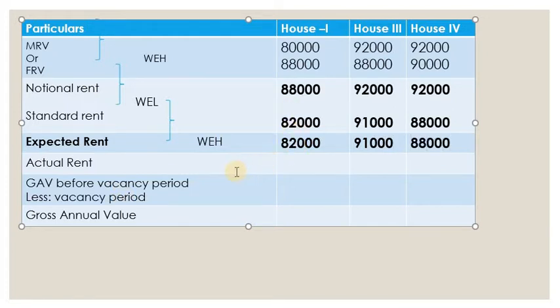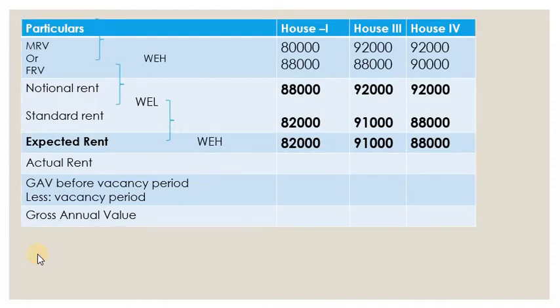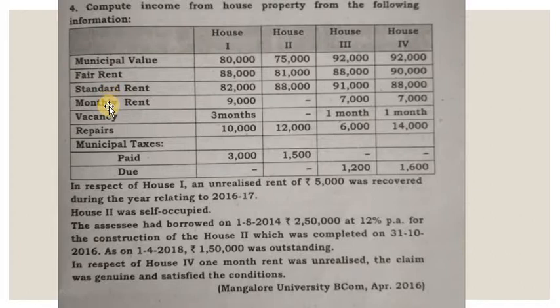Now we have to go to the actual rent. The actual rent is given in the problem. What is the meaning of actual rent? Actual rent means annual rent minus unrealized rent minus cost of common facilities. Now let us go to the problem and see what the monthly rent is.